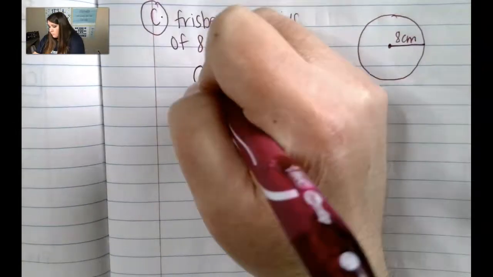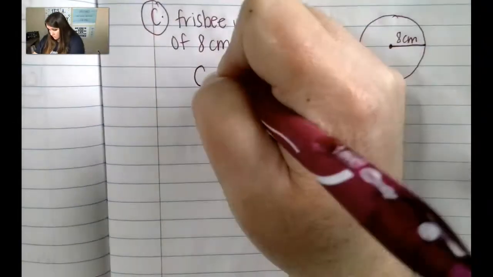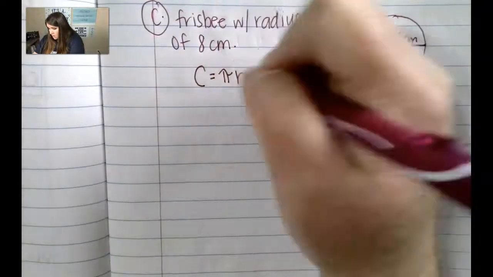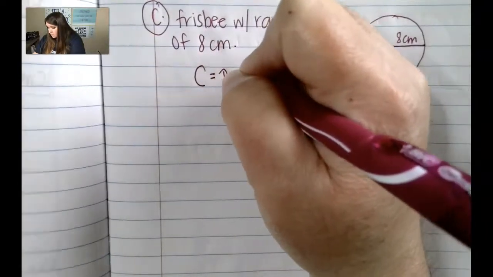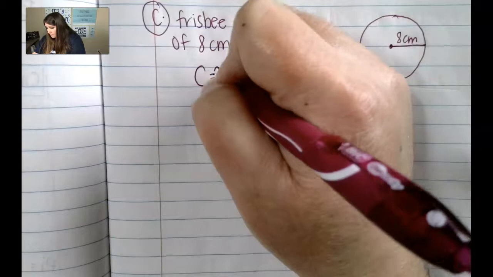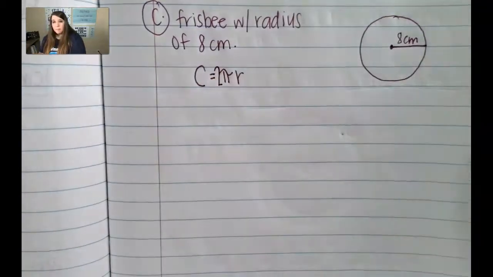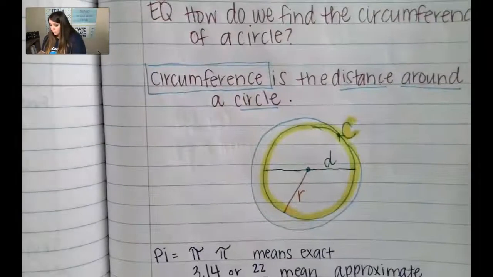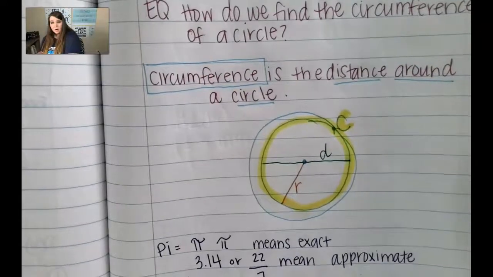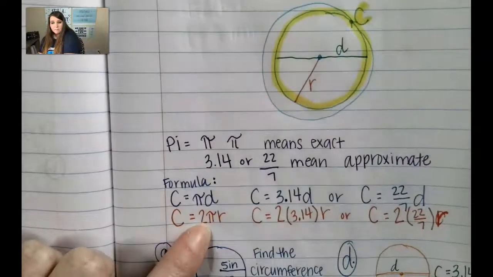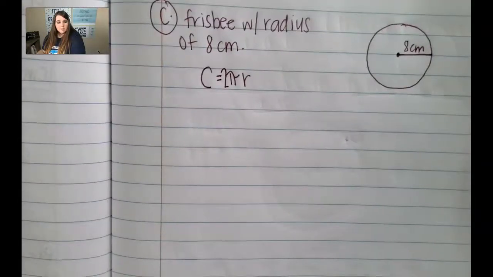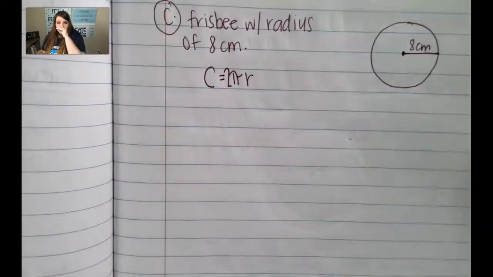So circumference equals 2 pi r. Okay, so we're looking at 2 times pi times the radius.